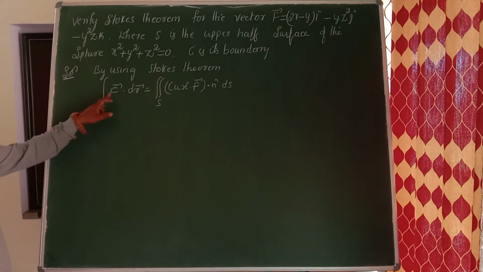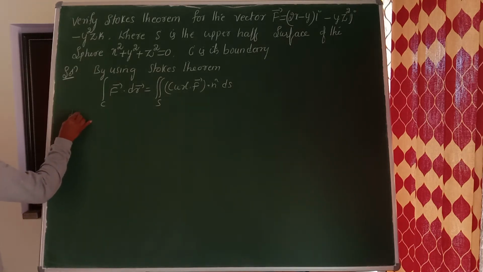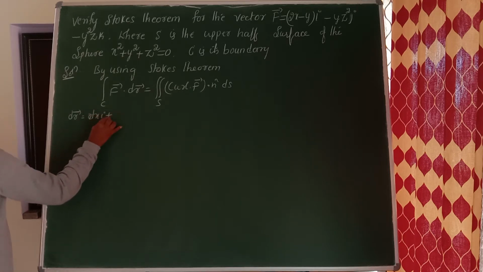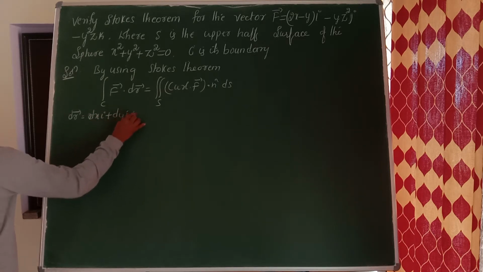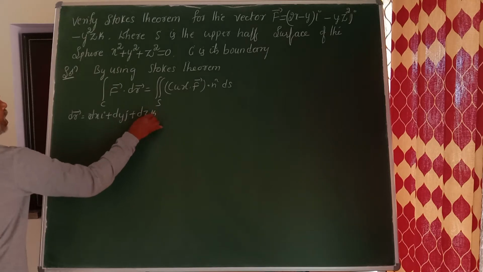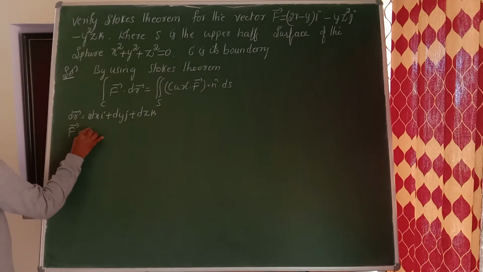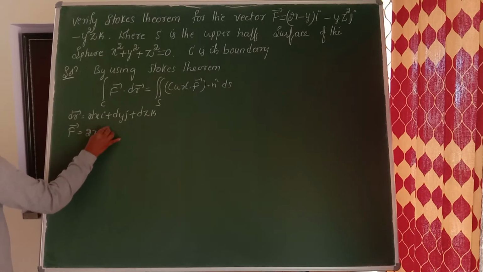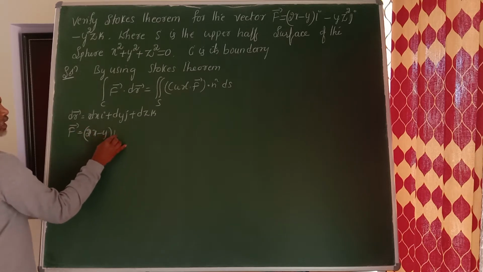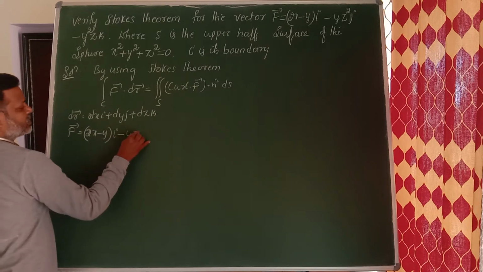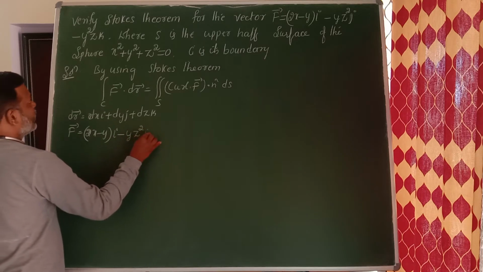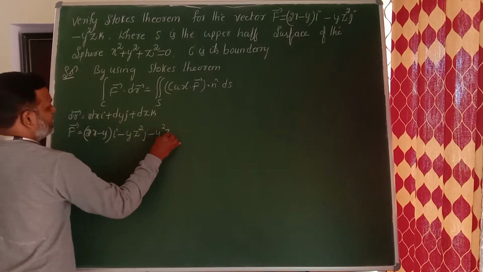Now let us first find f dot dr. I can write the vector dr equal to dx i plus dy j plus dz k. Am I right here? Now write down the f vector, which is given as (2x minus y) i minus yz squared j minus y squared z k.